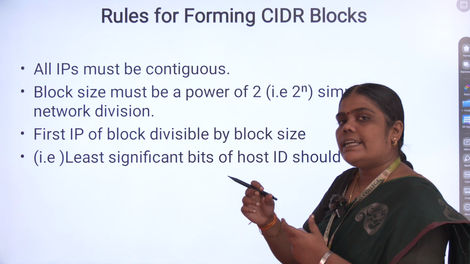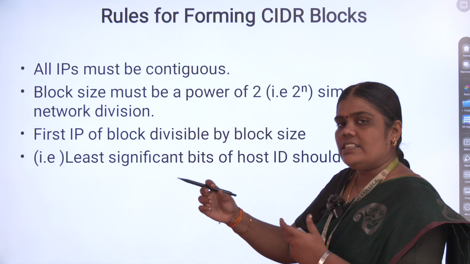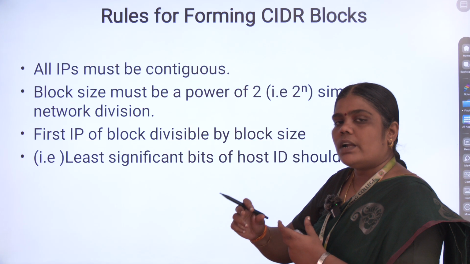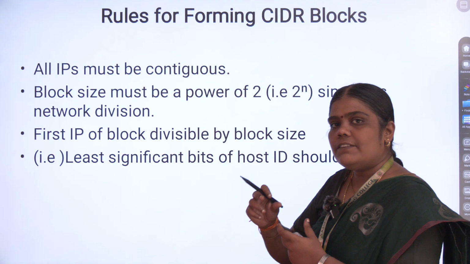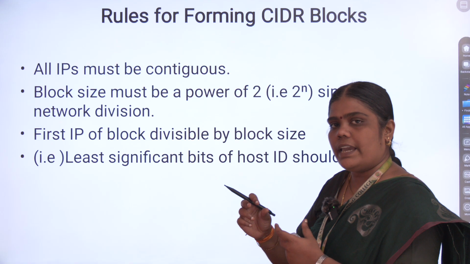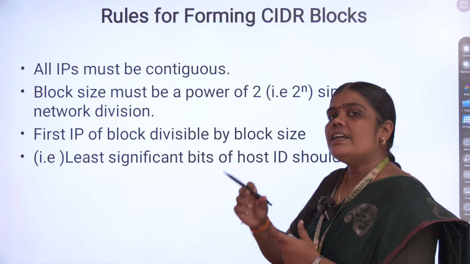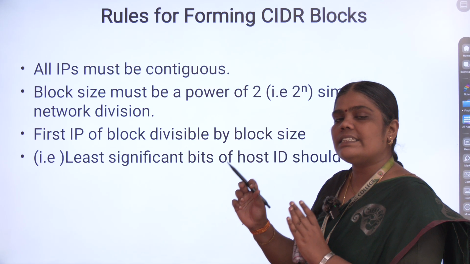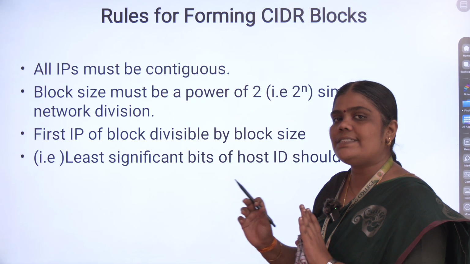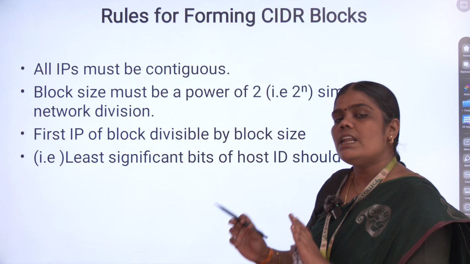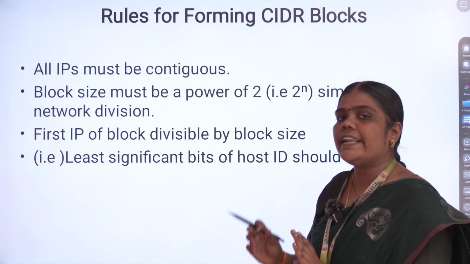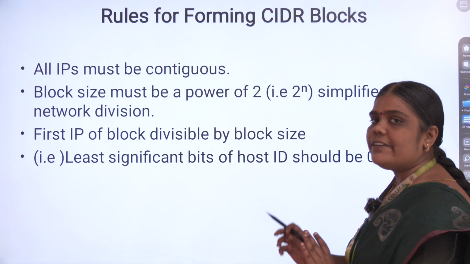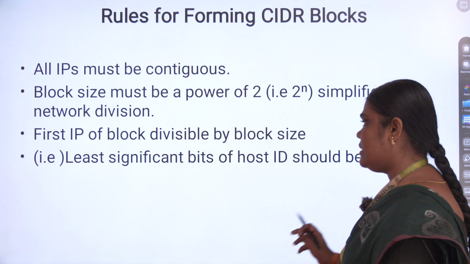If I give a range like 128.1.2.10, the first IP address of the block should be divisible by the block length. That is nothing but the least significant block should be 0. Always the last block, or the last 2 blocks also. It will vary depending upon the network and the number of hosts connected. I will give an example so you can understand it better.